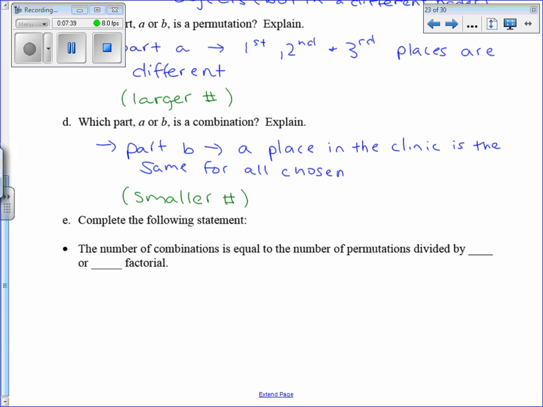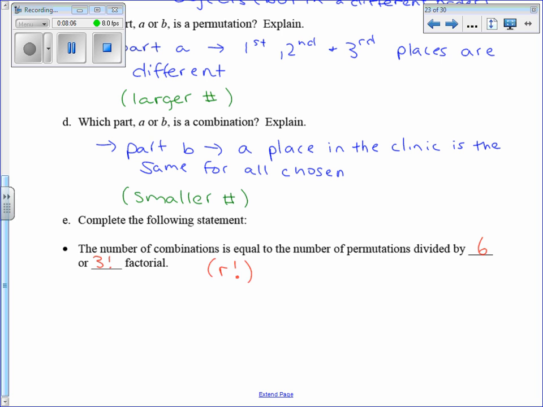So the number of combinations is equal to the number of permutations divided by r factorial. Sorry, r is 3 here, so specifically divided by 6, which is the same thing as 3 factorial. So what you're dividing out by again is r factorial.